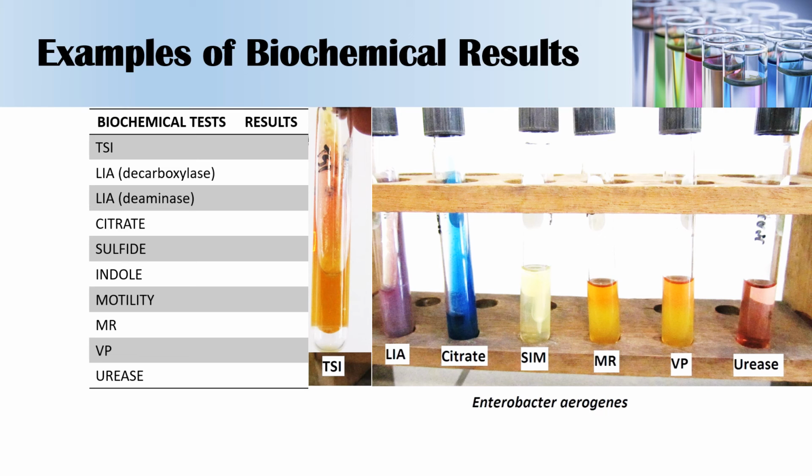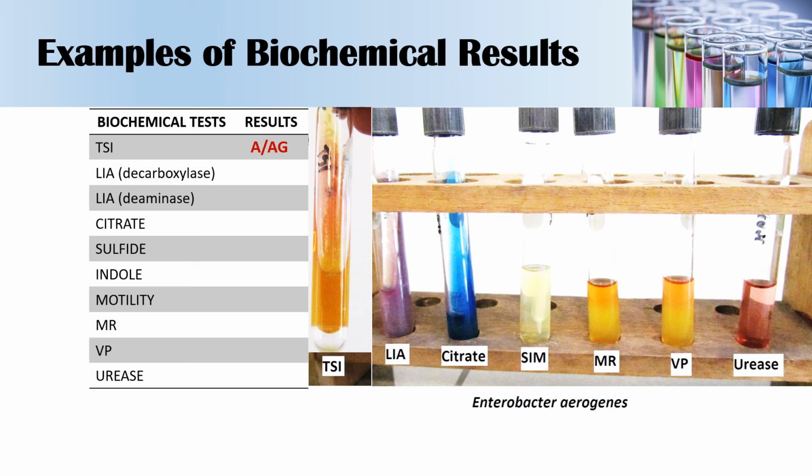So can you help me interpret the biochemical results? Look at the TSI tube. The first tube, we have a yellow slant and yellow butt, and there is a space at the bottom indicating gas formation. So it will be written as A over AG because there is gas formation.